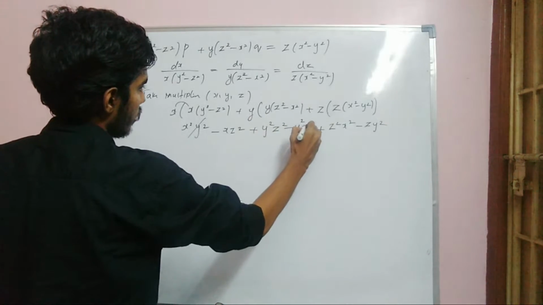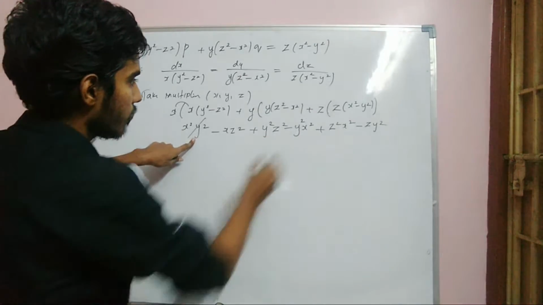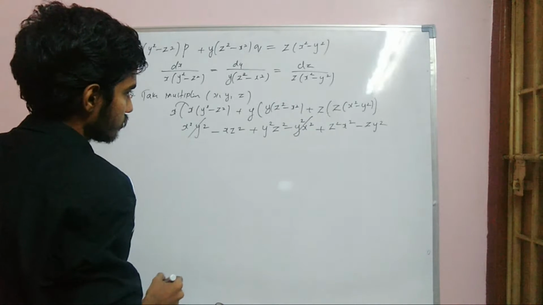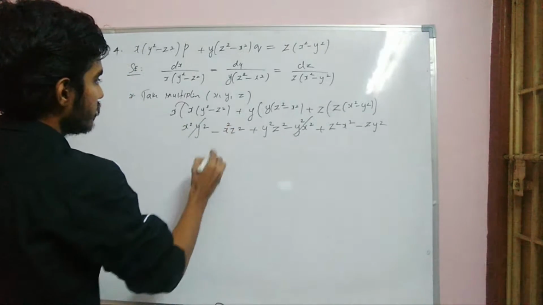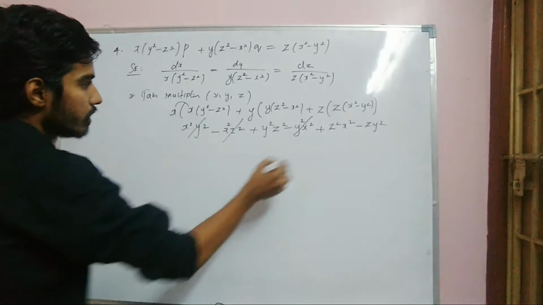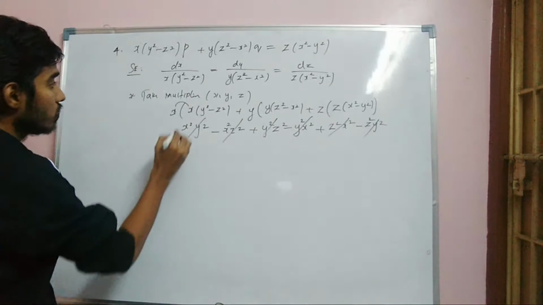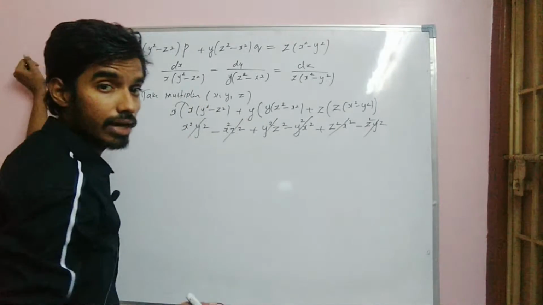So x²y² − x²y² will get cancelled, and this x²z² will also get cancelled, and this will also get cancelled. Therefore this is one of the multipliers, because lP + mQ + nR is equal to 0.